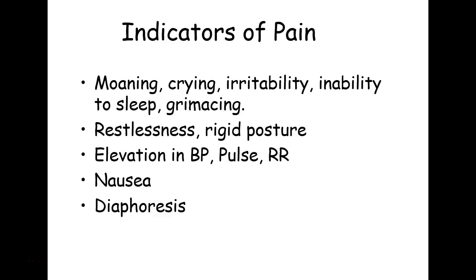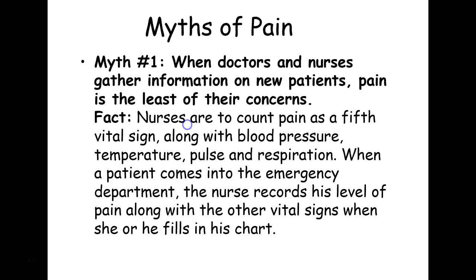We can see elevations in their vital signs of blood pressure, pulse, respiration. People can get nausea or diaphoresis from pain. So all of these are things that we can see in that patient's behaviors or actual vital signs that can show us that that person is physically in pain.